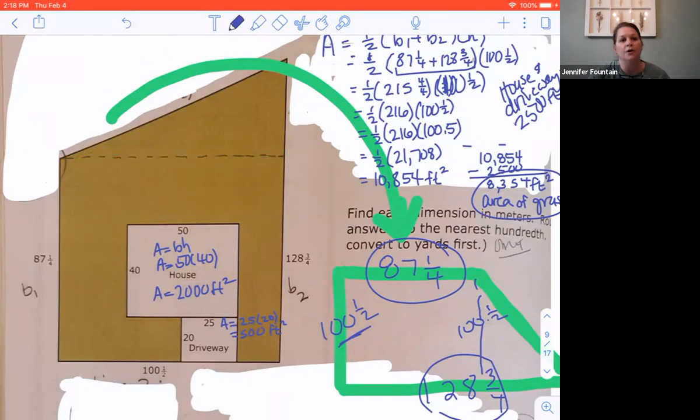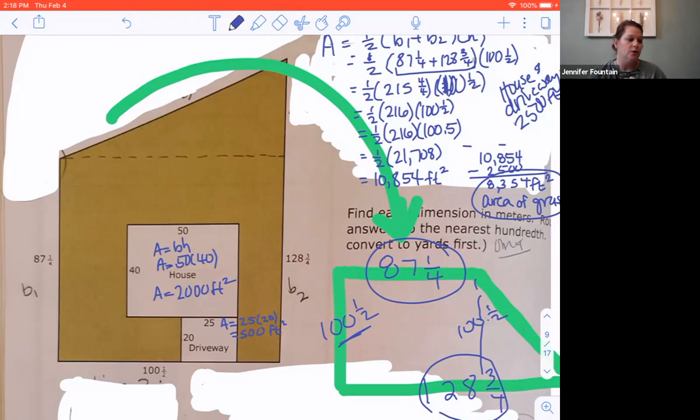So let's review our formulas real quick. Perimeter, I'm always just going to add the sides. Area of a rectangle will be base times height. Whether it's a rectangle, a square, whatever, I just multiply my two sides together, length and width, base and height, side squared. Triangle, area is 1/2 base times height.